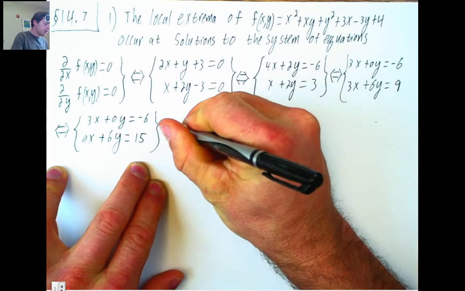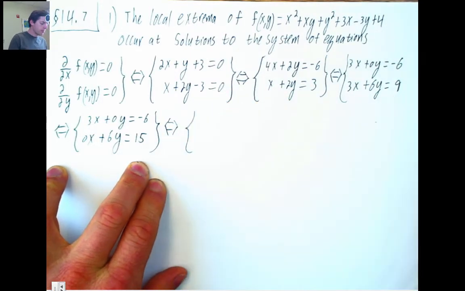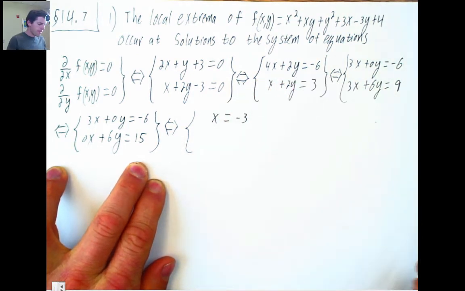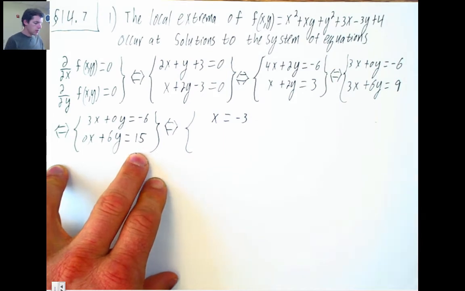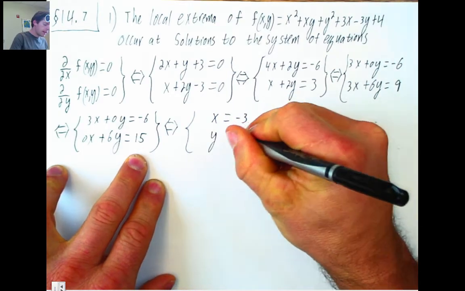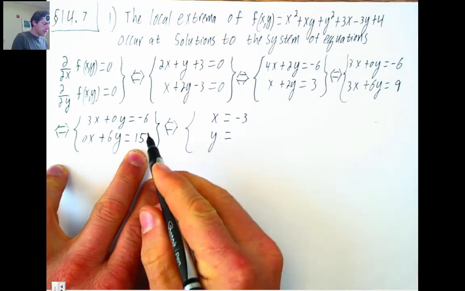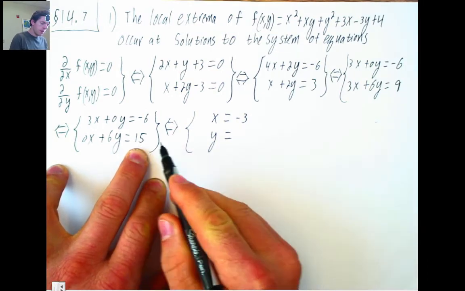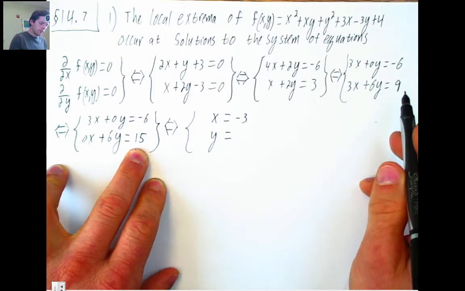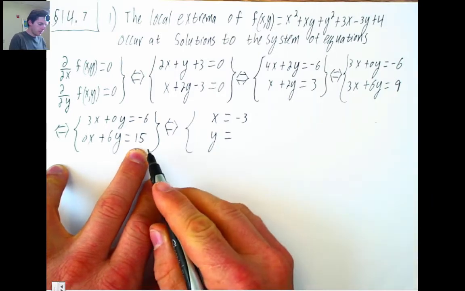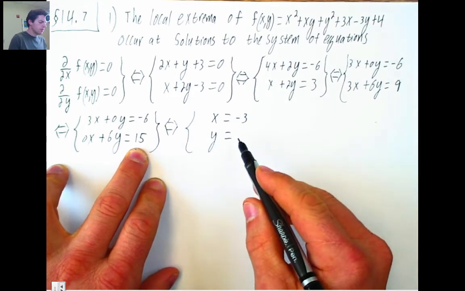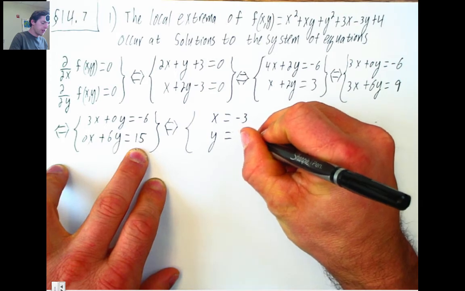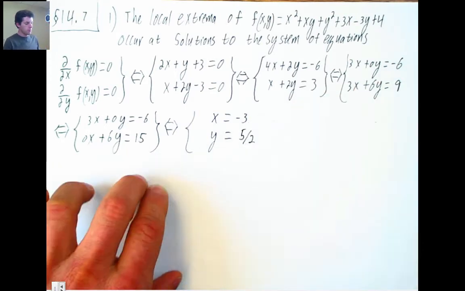Certainly I'm there, but there's one more simplification, well, two more simplifications I can make. x is negative 3, and y is, let's see, 15 divided by 3 would leave me with 5, and then I have to divide by 2 again, 5 halves.